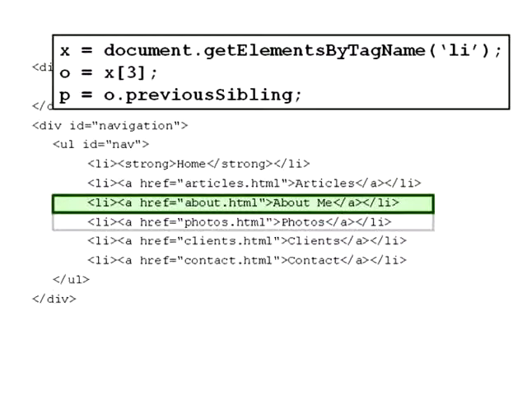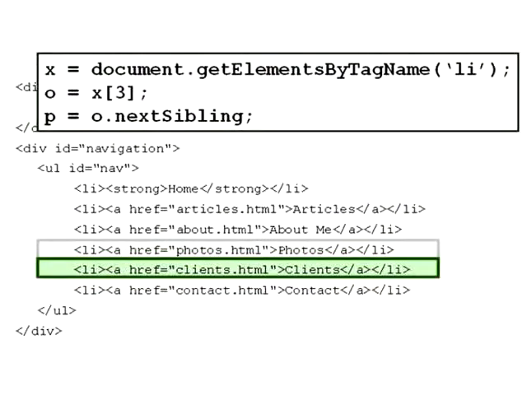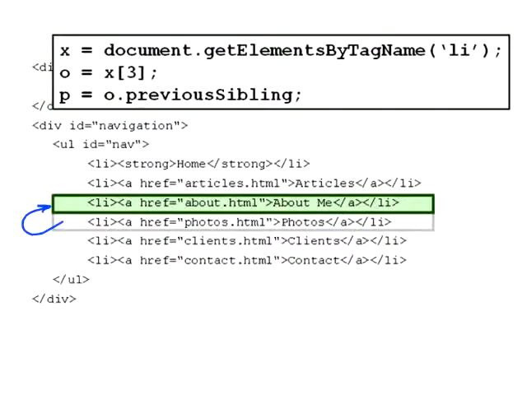After that, previousSibling, that means the tag that is previous to our element. And nextSibling is the tag after our element.